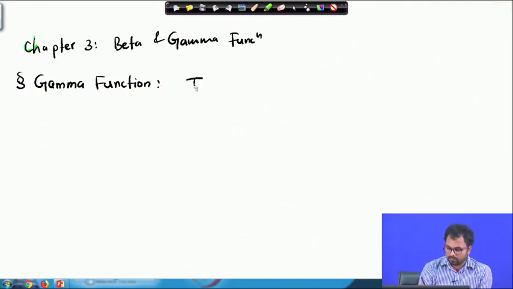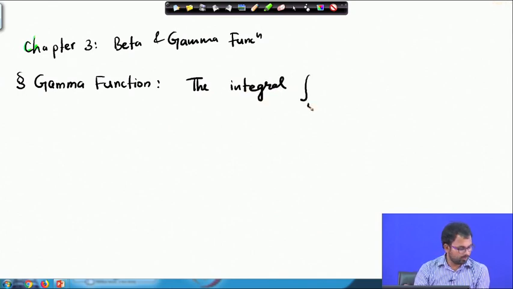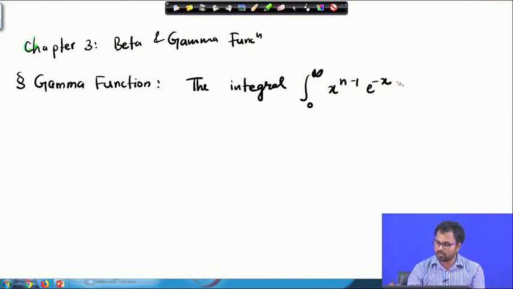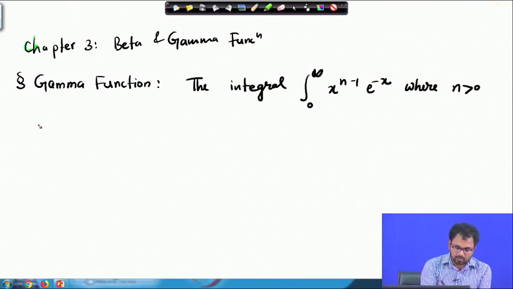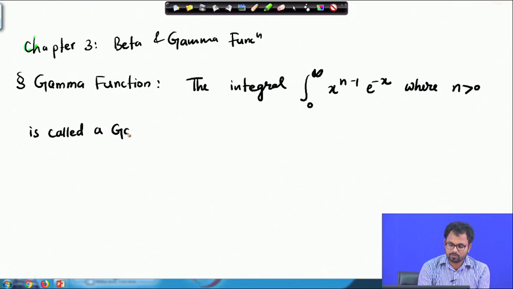The integral from 0 to infinity of x to the power n minus 1 times e to the power minus x dx, where n is greater than 0, is called a gamma function.